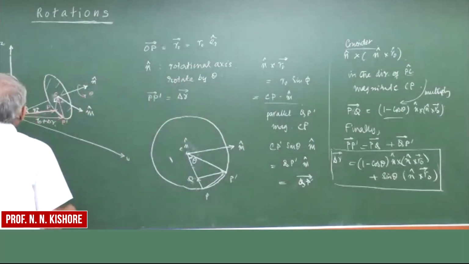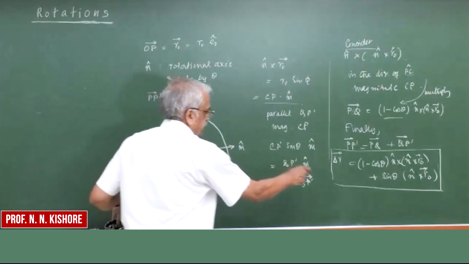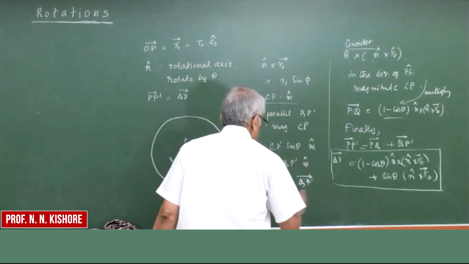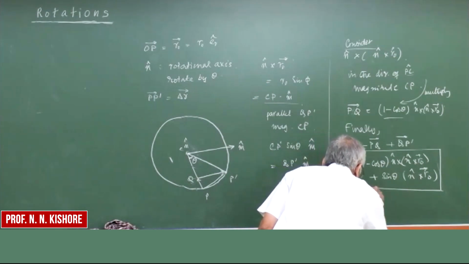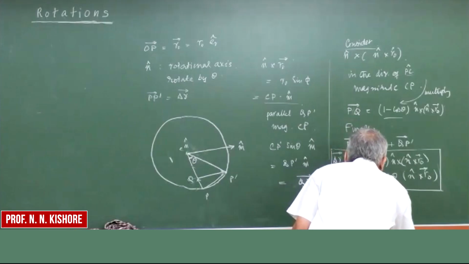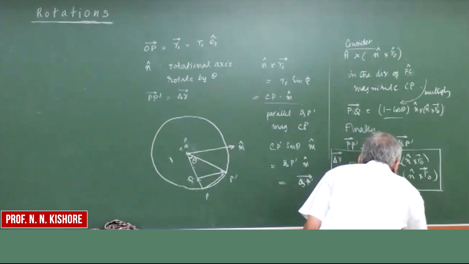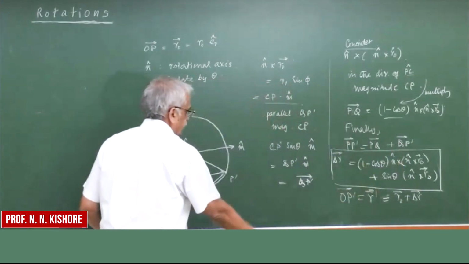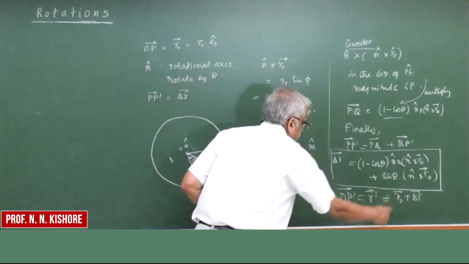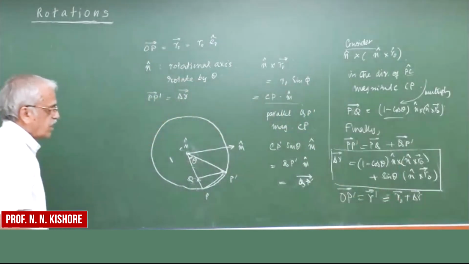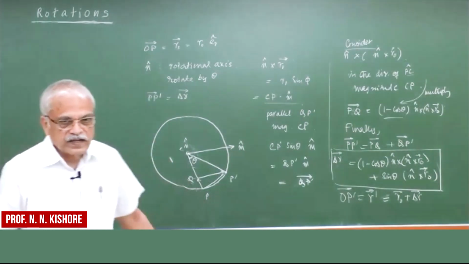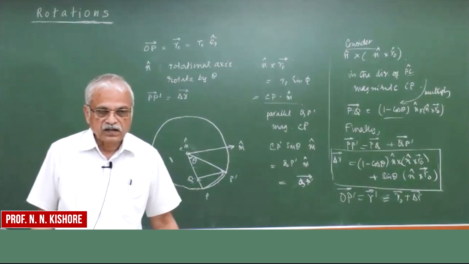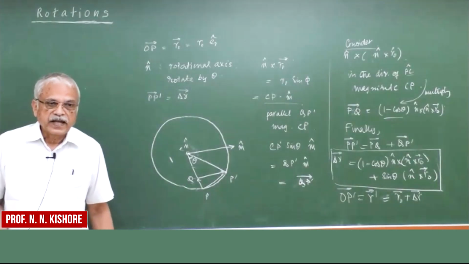So what we would like to do here, interestingly, is note that OP prime, which is the new R prime, is nothing but R naught plus delta R. So this is the end result of it. So the new vector is nothing but R naught plus delta R. Okay, so we are interested in finding out how the sequence of operations is going to affect the result.